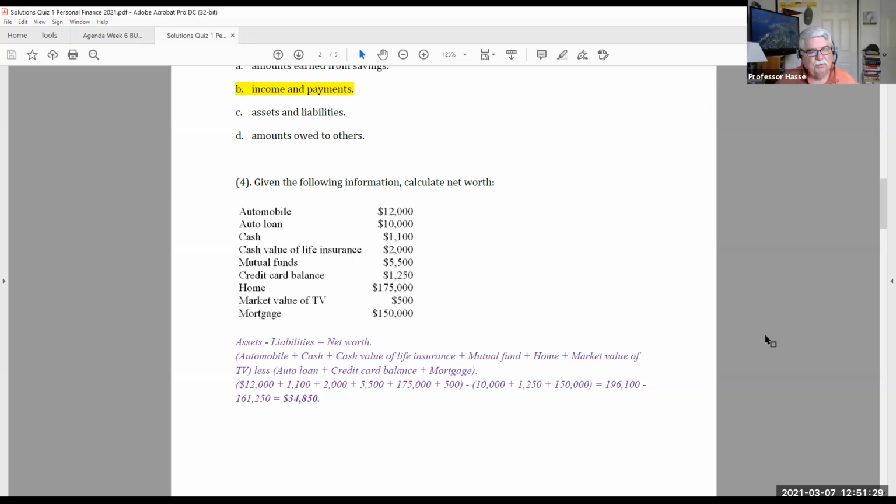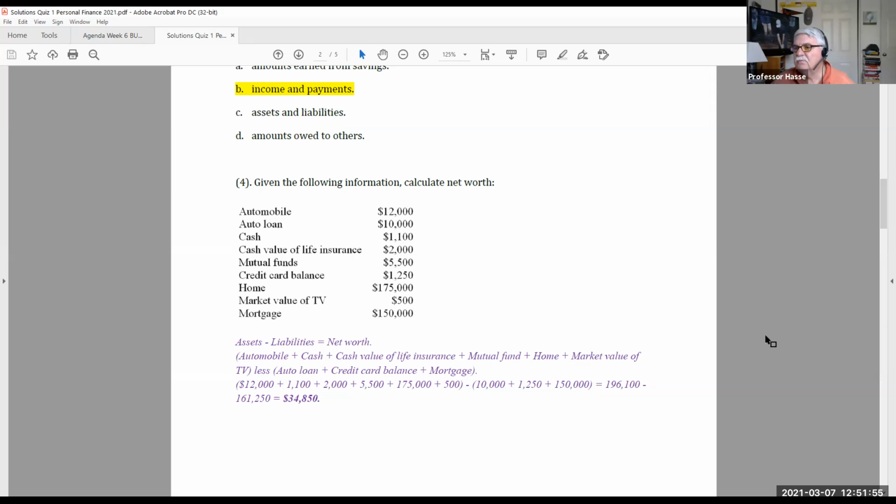In other words, you purchase life insurance by making monthly premiums or yearly premiums, and you build up a reserve, and that's yours. You can use it. It's the cash value of life insurance, $2,000. Mutual funds are a form of investment. You give your money to a broker or to a fund manager. They take your money along with everybody else's and buy stocks and bonds. A mutual fund, $5,500.